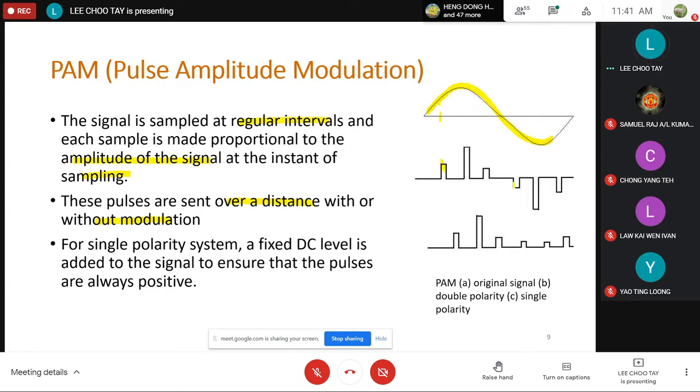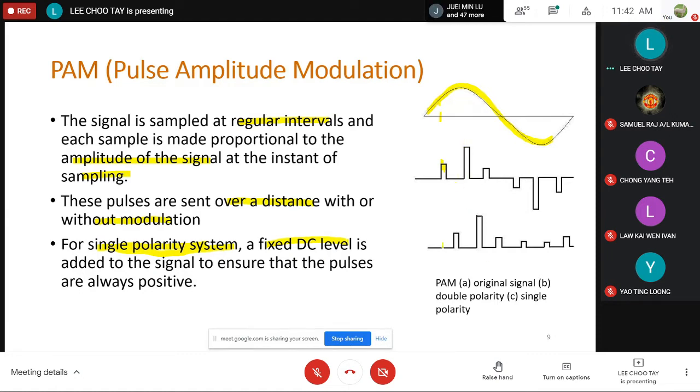If your system works on single polarity, meaning you only allow positive amplitudes to be transmitted, then you have to add a DC level to your signal so that all the pulses are positive.